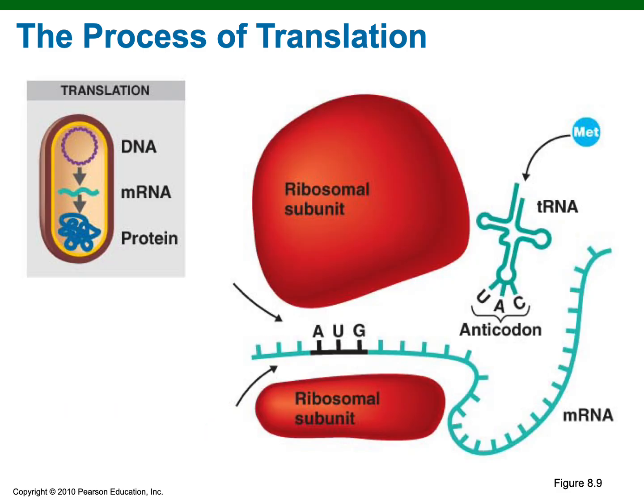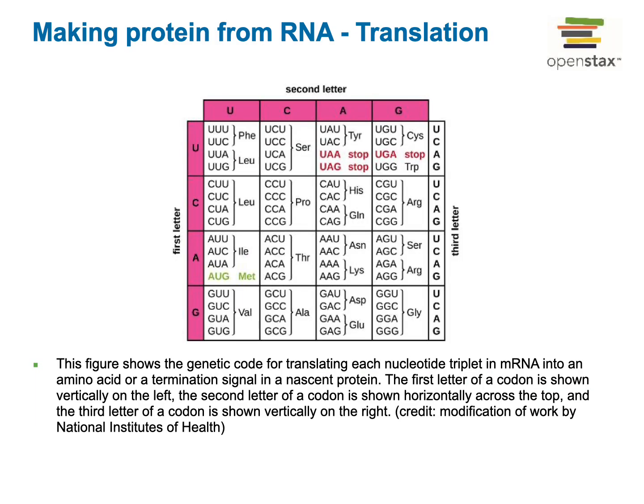Then the messenger RNA in translation is going to use ribosomes and transfer RNAs to assemble a protein. The transfer RNA reads the codons, the three base units on the messenger RNA, and it converts them to amino acids.